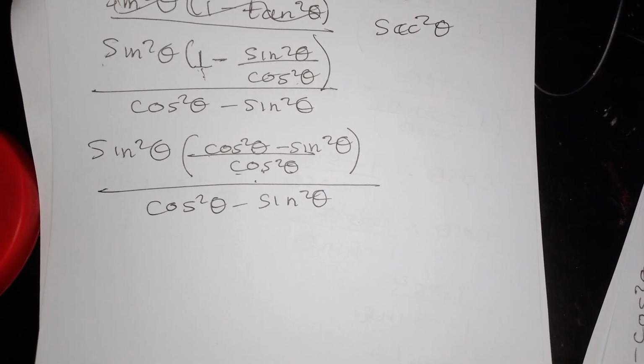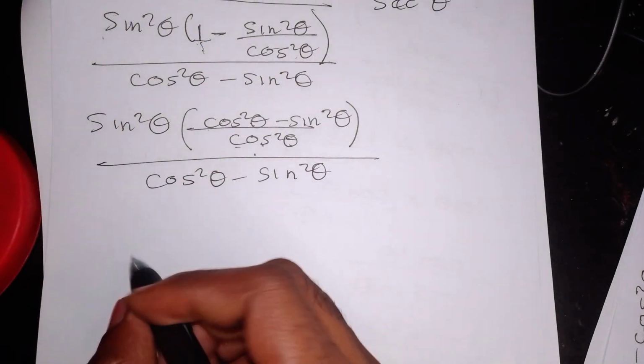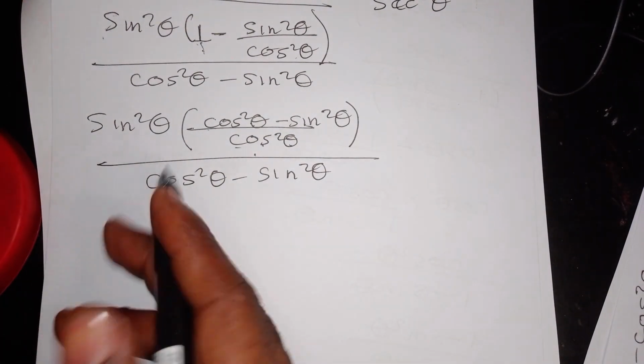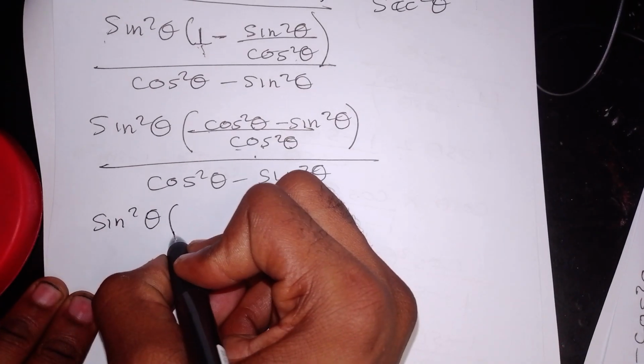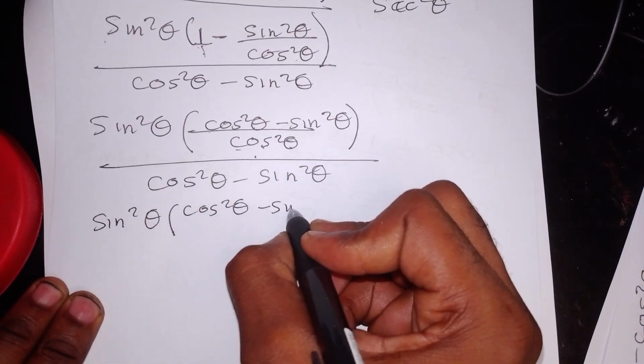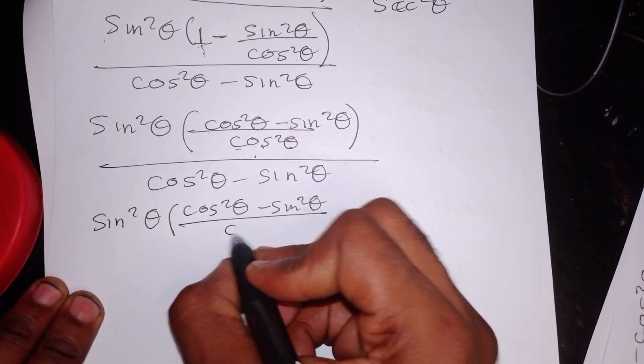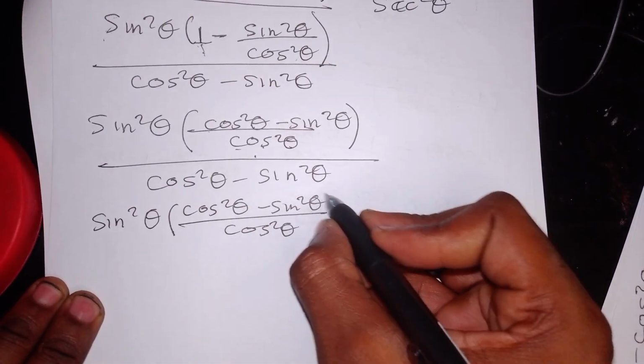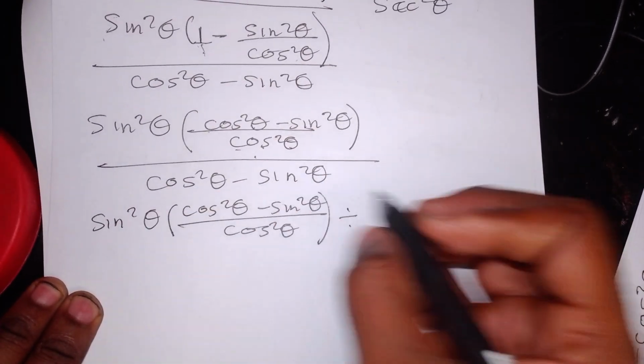And then at this point we can just divide by saying sine squared theta, and then cos squared theta minus sine squared theta over cos squared theta divided by this.